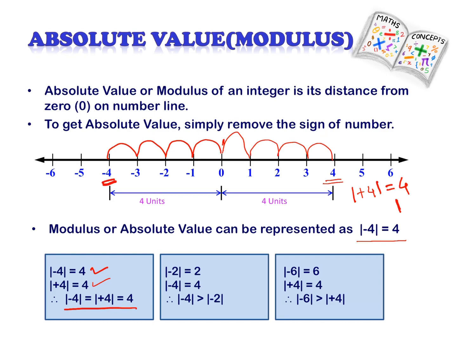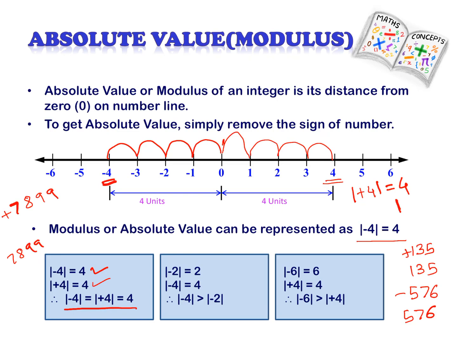The simple way to get absolute value is simply remove the sign of the integer. So if I want to find out absolute value of say plus 135, it is 135. Absolute value of say minus 576, it is 576. Absolute value of say plus 7899, it is 7899.